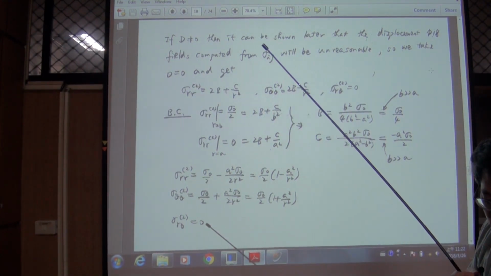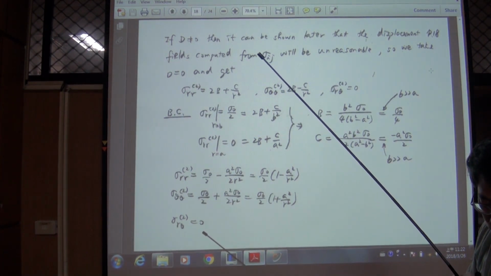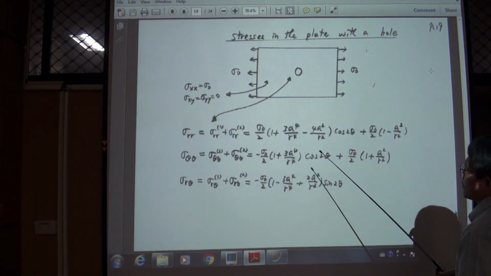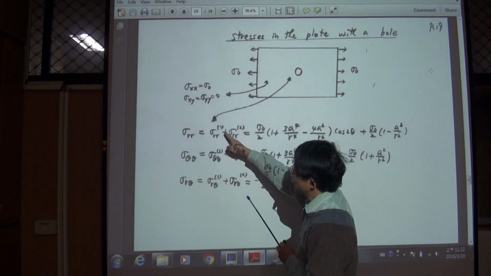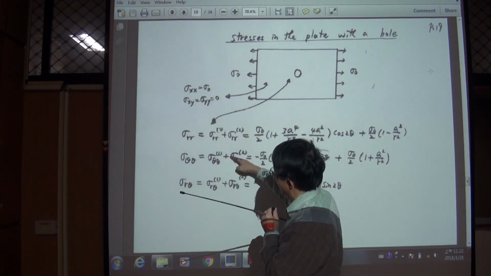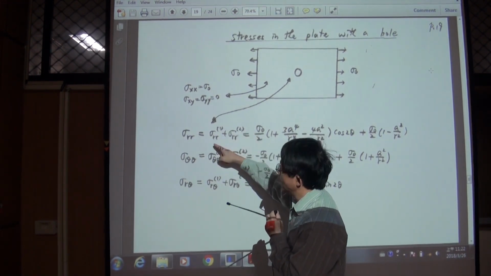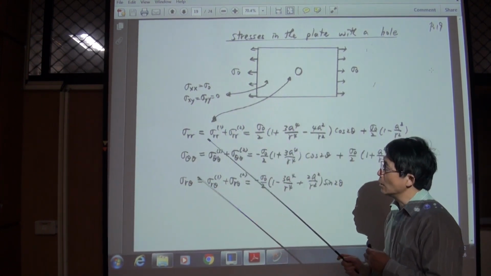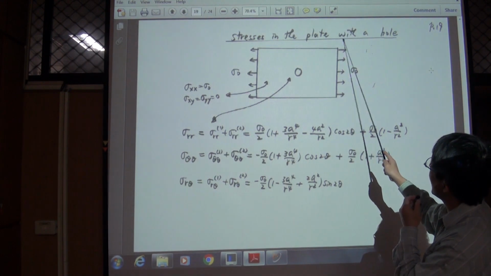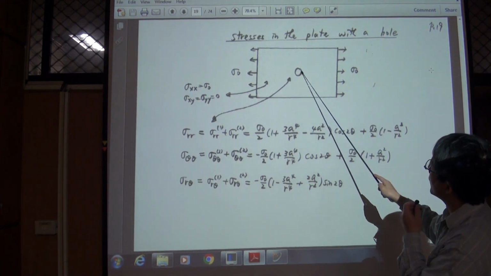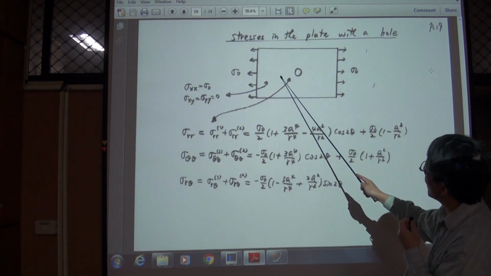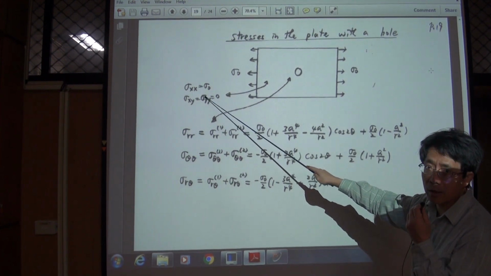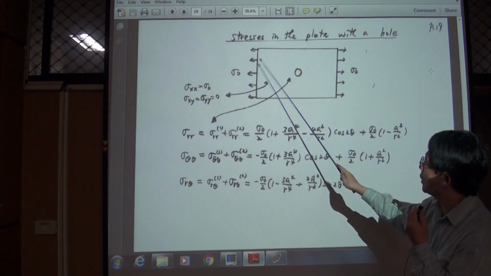So we sum up the stress field for the two problems, okay? The stress field for the first problem and the stress field for the second problem, to get the stress field for the original problem. Understand? So here, the stresses in the plate with a small hole, outside the free body here, the stress is already known. It is in the simple tensile stress state.